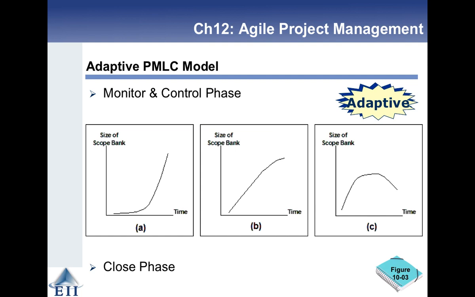Sometimes you just keep finding new things that you need to add to the product, and that's great. That may mean you have a very long-lived product. So the size of the scope bank just keeps growing. But you still need to release periodically, whether it's every quarter or every 6 months or every year.